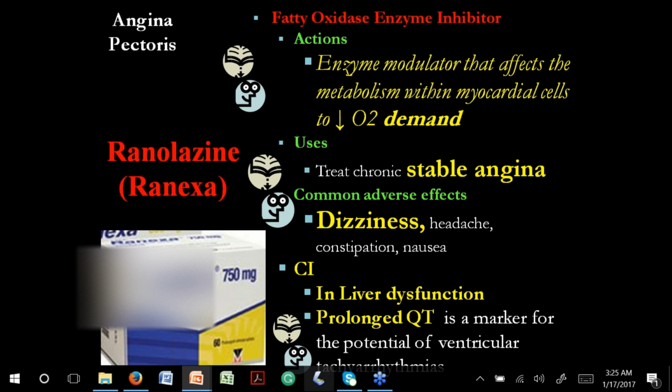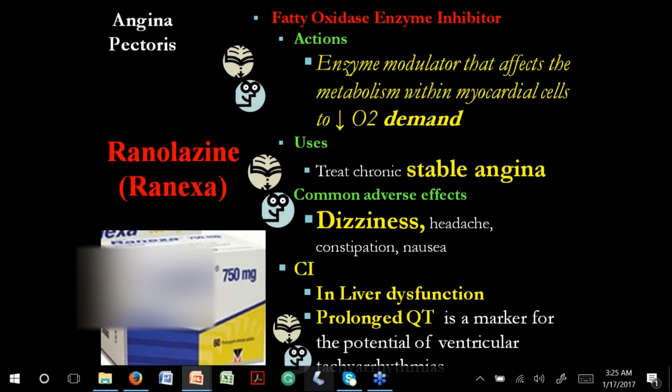So that's why this fatty oxidase enzyme inhibitor inhibits the metabolism of fat in the myocardial cells and stimulates glucose being used through glycolysis and the Krebs cycle. All right, so these are going to be used for stable angina, all these medications.